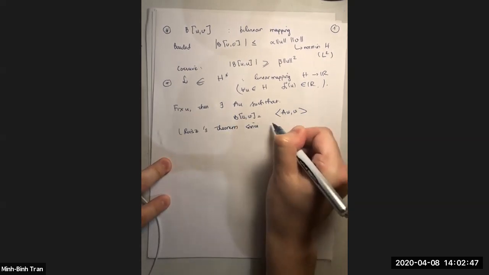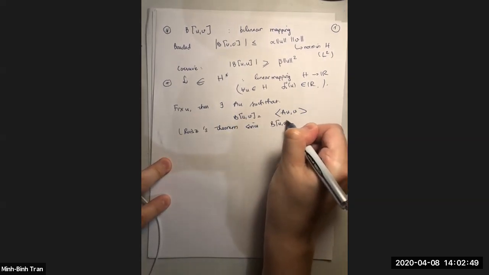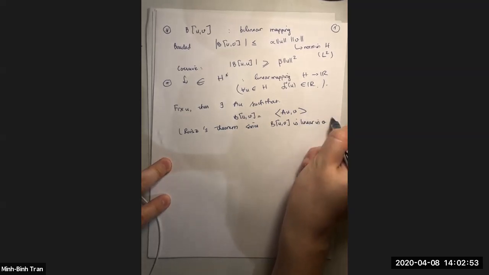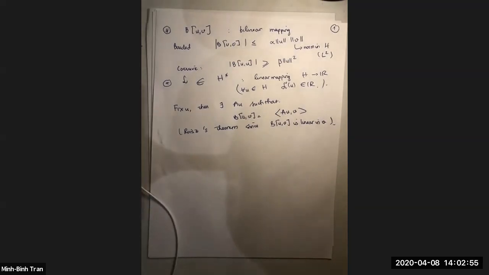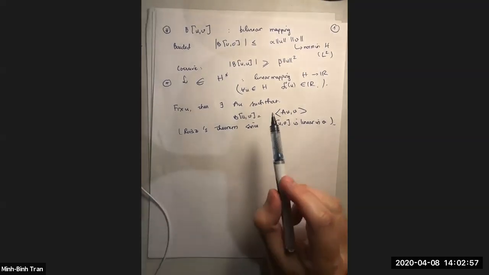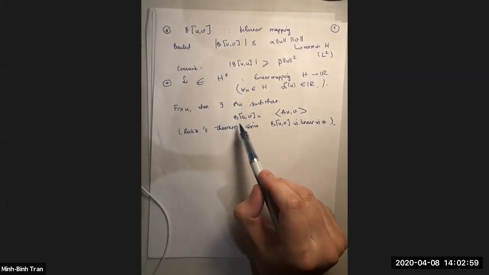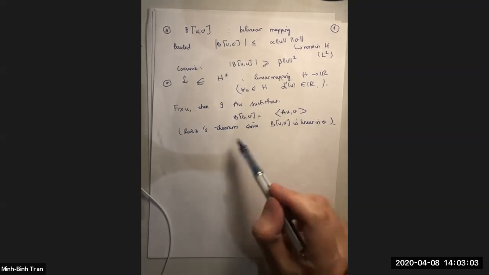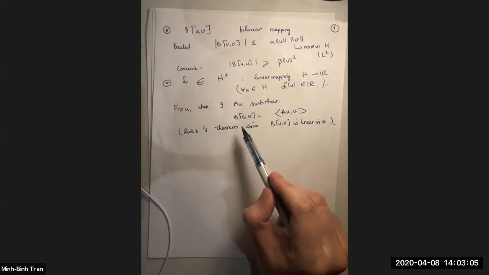Since B(u,v) is linear in v, if you fix u, then this bilinear form is linear in v. And of course, if you fix v, then this is also linear in u.